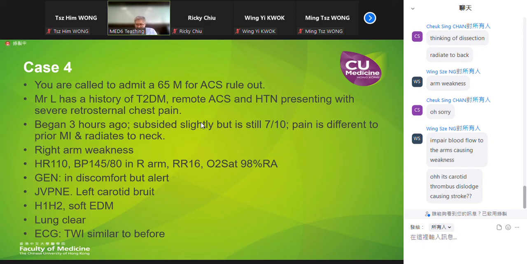Or is the other stuff not useful, and I'm just giving it to you for fun? Do you think it all adds up to something? What about the carotid bruit? What about the early diastolic murmur?